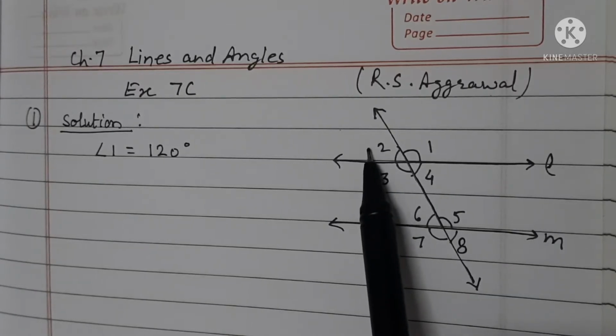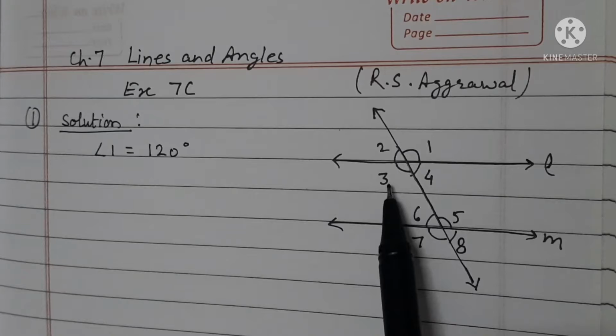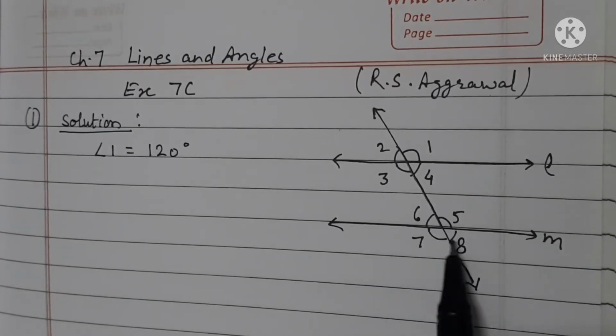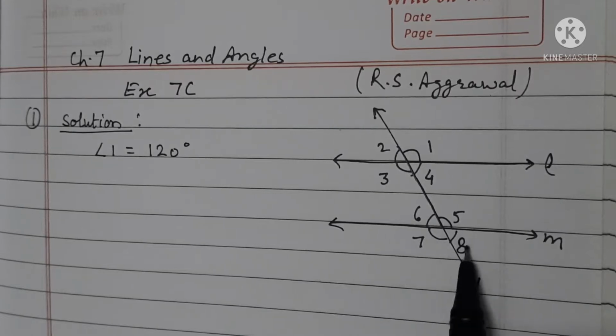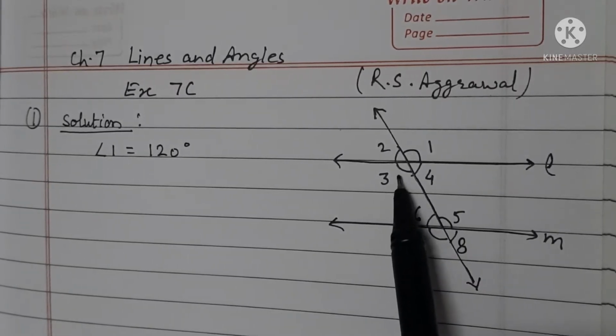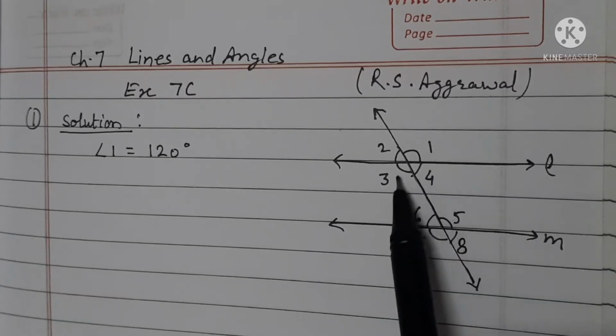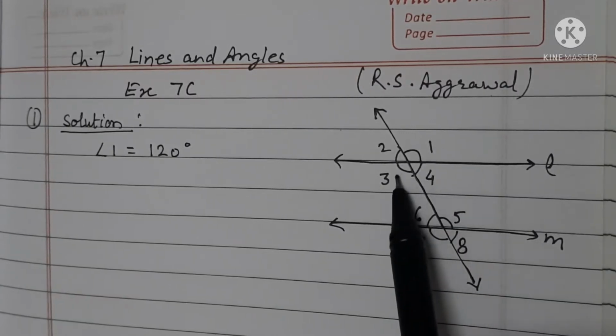So this you can also find when you find angle 6, and here angle 6 is equal to angle 8. These are vertically opposite angles, and angle 3 is equal to angle 1. This is also vertically opposite angles.